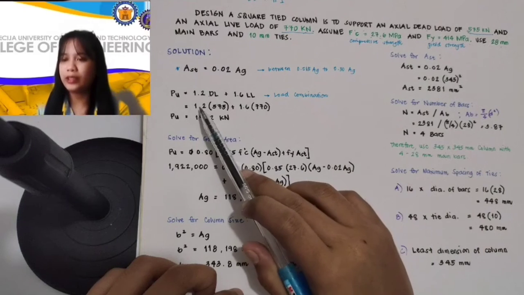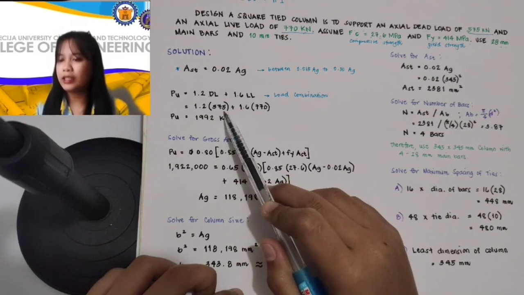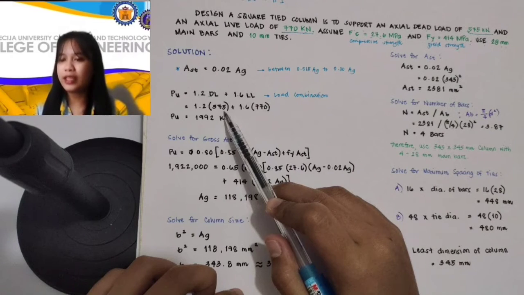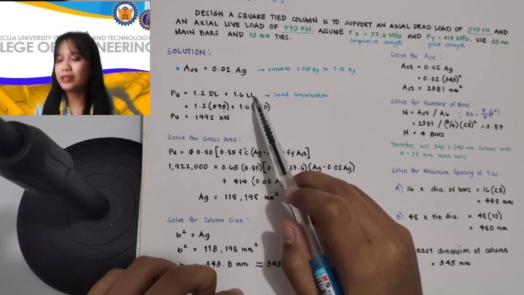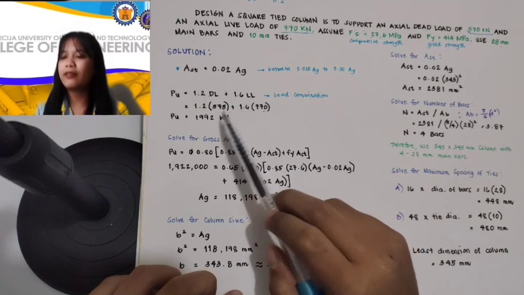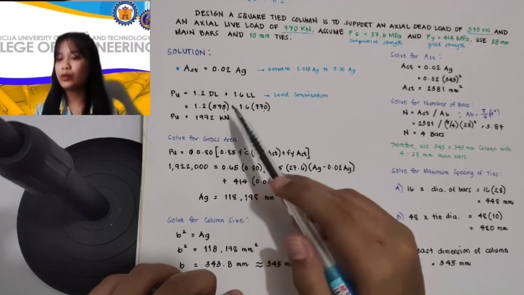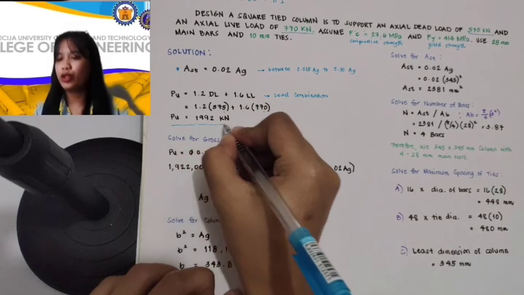Computation for Pu is equal to 1.2 times 575, which is the dead load, plus 1.6 times the live load, which is 770 kN. So we get the value of Pu is equal to 1,992 kilonewton.